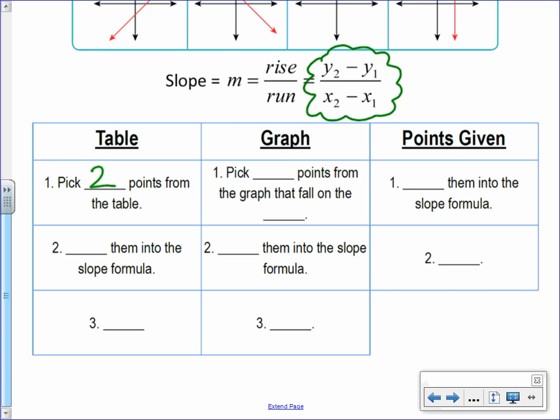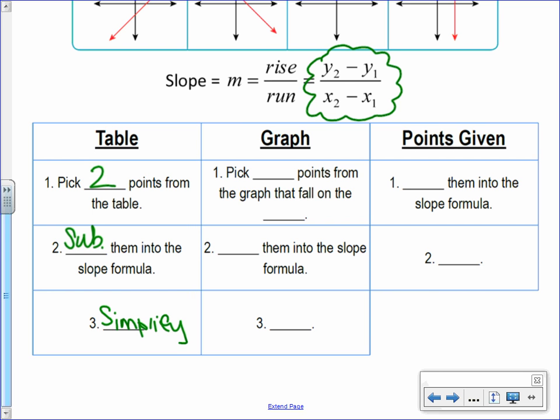Then you're going to substitute them into the slope formula. If substitute doesn't make sense to you, you can put replace, you can put into the formula, whatever makes sense to you. Whatever points you pick, you're going to sub into the formula. So choose the word that makes sense to you. And then you always want to simplify.